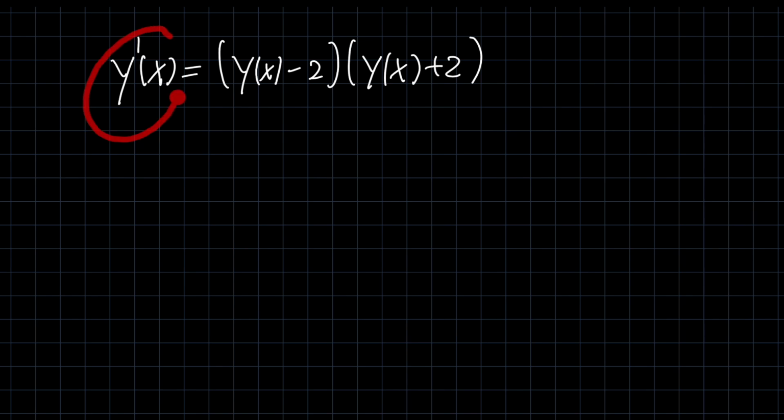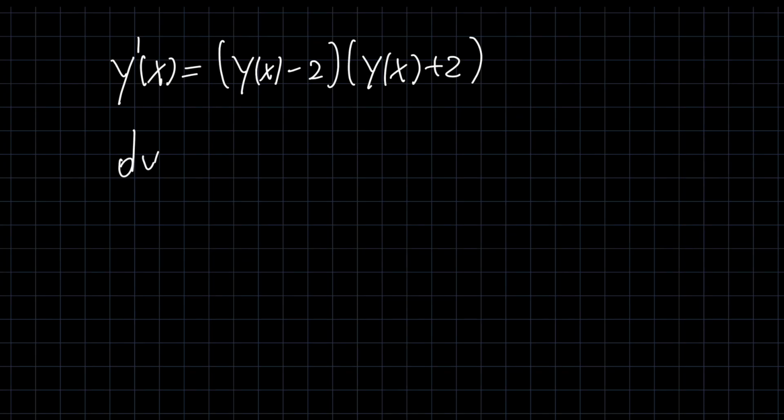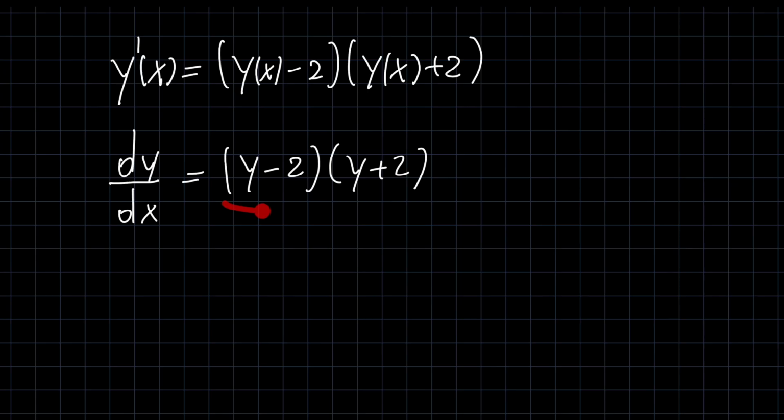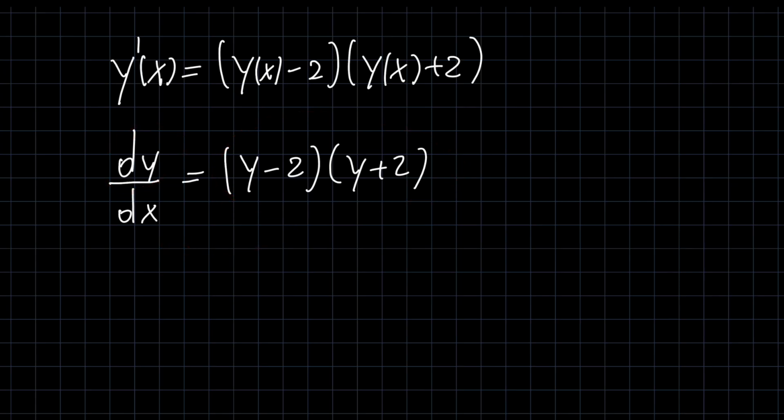We have the y prime on one side, and on the right hand side we have something depending on y times something depending on x, which we can just take to be 1. So first step, we rewrite y prime as dy over dx equal to (y minus 2) times (y plus 2). And then what we have to do is bring everything in y on the left hand side, leaving the dy there, and everything in dx on the right hand side.